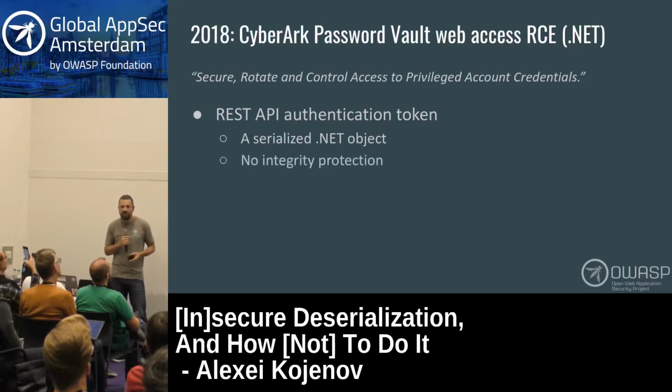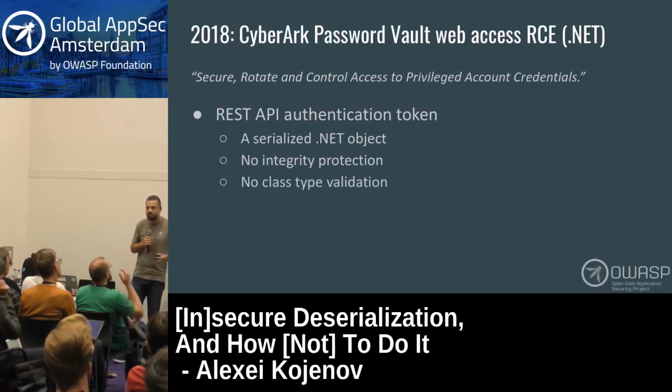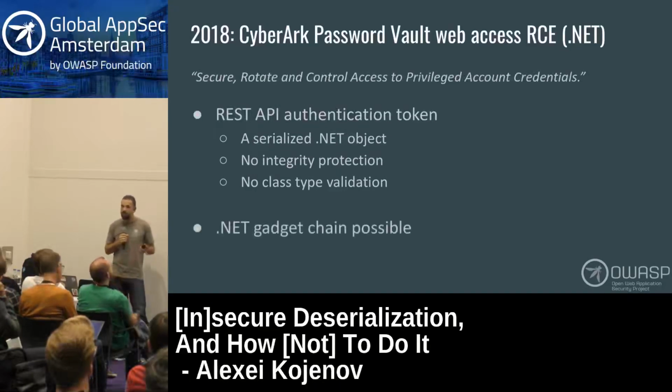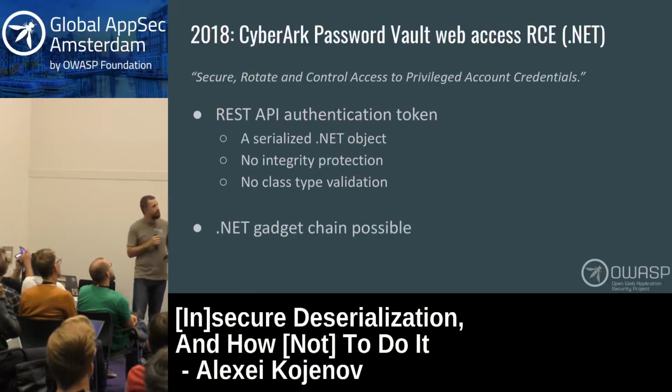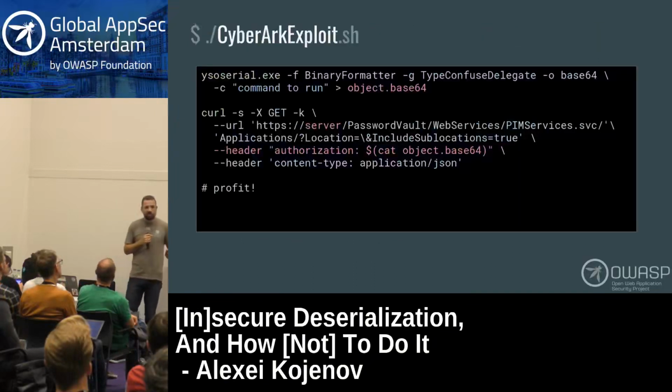First, it didn't have any integrity protection, so anybody could spoof anything. But it was not the biggest issue. The biggest issue was there was no class type validation. So you could submit an object of your own type. And just like in the case of Apache Commons Collections, you could create a .NET gadget chain and get remote code execution. So when the researchers found this vulnerability, they reported it to the vendor. The vendor promptly fixed it. The researchers published.